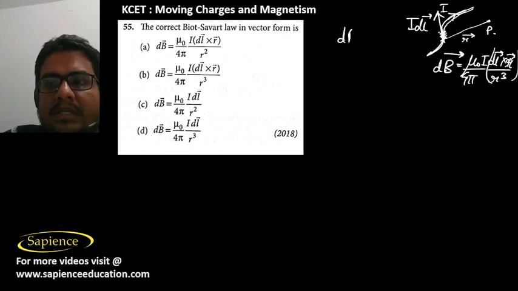So it is mu naught I by 4 pi dl cross r by r cube. So option B is the correct answer.